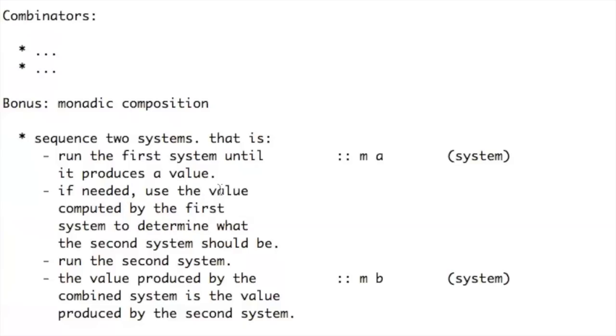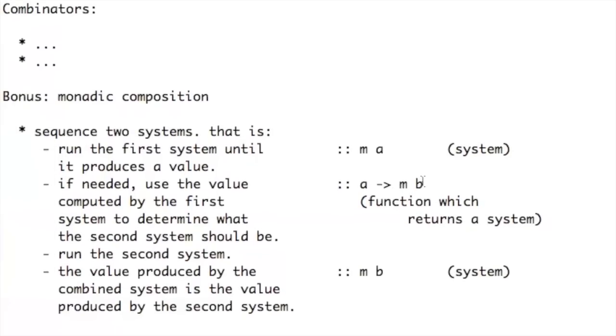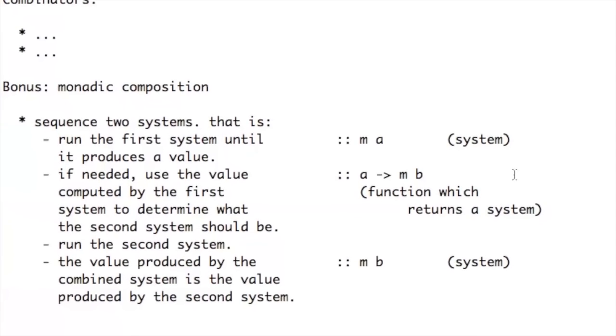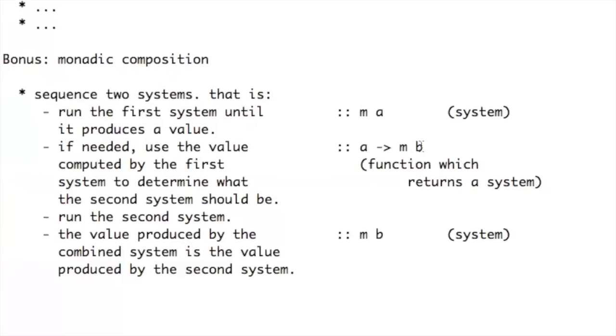We're using a value computed by the first system to determine what the second system is. And so the type of the second part is actually a function from a value, the value computed by the first system, to a system, the second system.